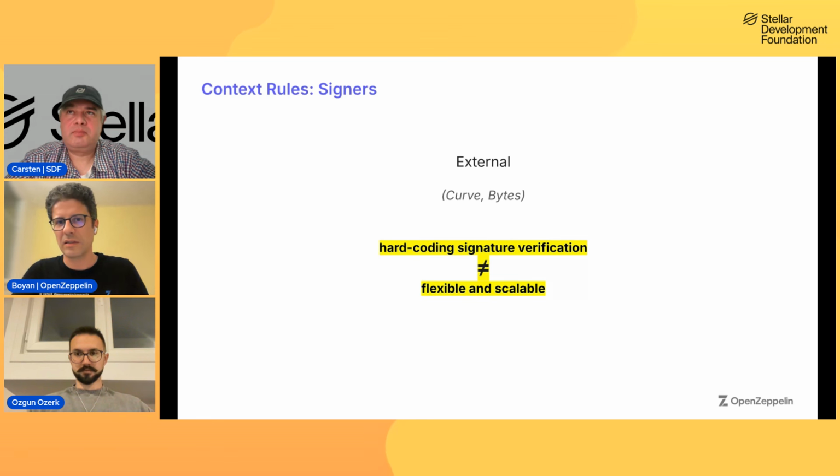Another drawback of embedding signature verification into the smart account is that its binary size will grow and the code complexity will increase as well. For example, the classical Ed25519 is just a one-liner, but passkey verification is much more evolved and simply requires more code.